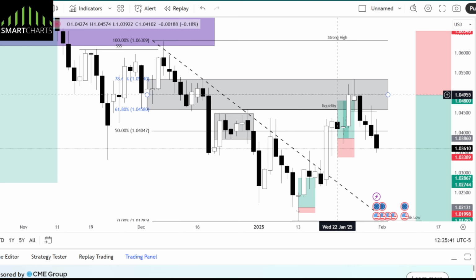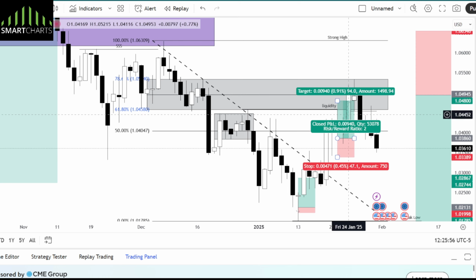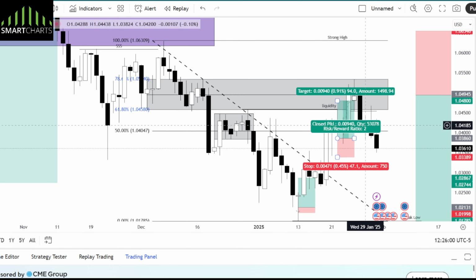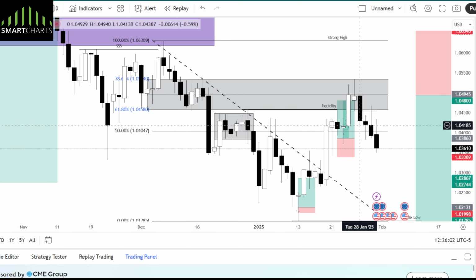So it tells us that there was a strong reaction at our optimal trade entry zone that has created a shift in character, or a change of character, a market structure shift, right here. Because now the market has created a lower low. Now what do we expect? We expect a reversal.